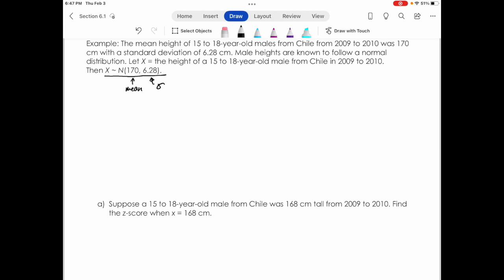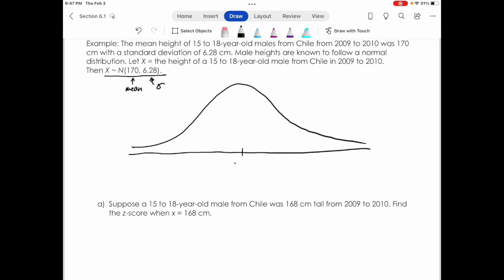Okay, so let's use this information to draw a quick sketch of our normal curve. So the mean always goes in the center. This represents centimeters in height. Okay, so if I come out from 170 in the center, if I add 6.28, that's coming out 1 standard deviation, so I'm going to label that as 1 SD.